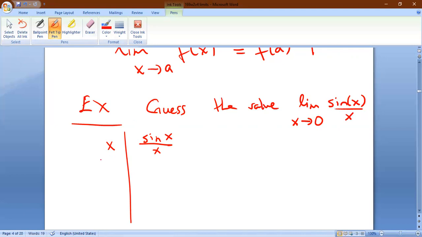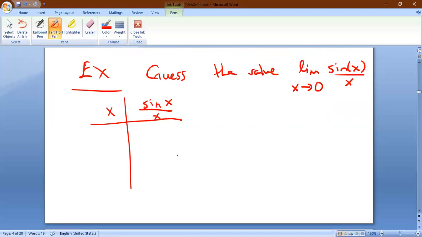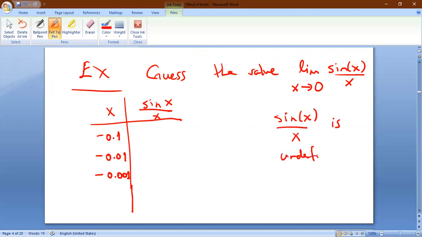So if you make a table of values here from the left and right of 0, let's say minus 0.1 and then minus 0.01 and then minus 0.001, even closer. Well, as you see, this is undefined, so sine of x over x is undefined at 0. Why? Because think about it, you are going to have sine of 0 over 0.